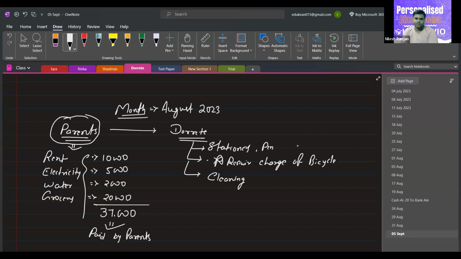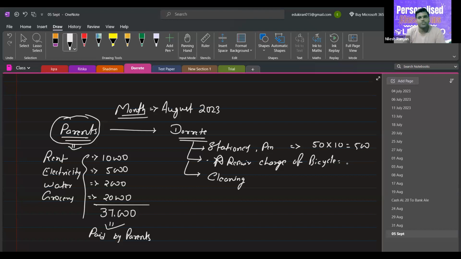Now, you purchase stationery once in 3-4 days, and the total amount payable is 50 rupees each time. So let's say you have purchased stationery 10 times, so it is 500.